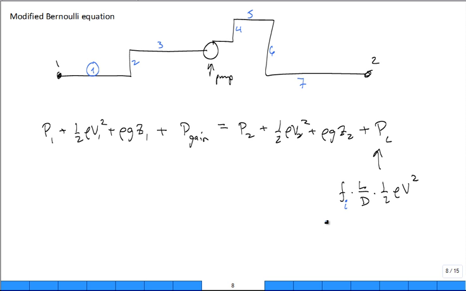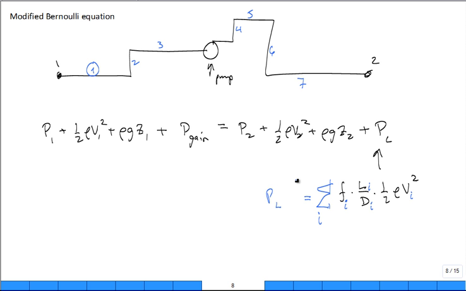But in some cases, in general, it could have different lengths, different diameters, different velocities, different friction factors, and you would sum them up over all the sections to get the total pressure loss due to friction through the straight runs of the pipe.